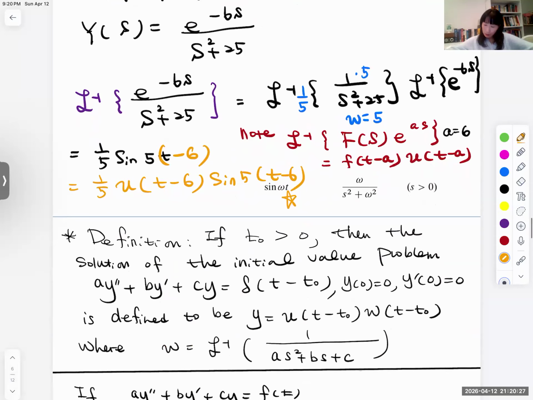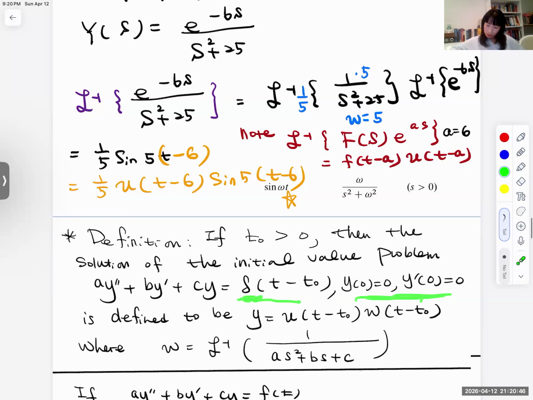Let's talk about this one. We have a definition, and we have an initial value, second order problem, right? And we have the Dirac delta function on the right side with an initial value problem.